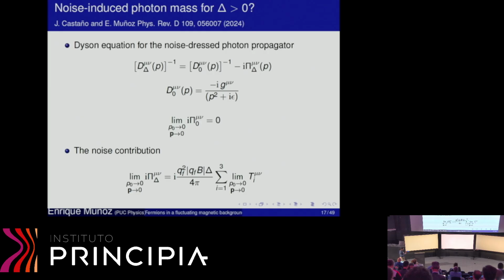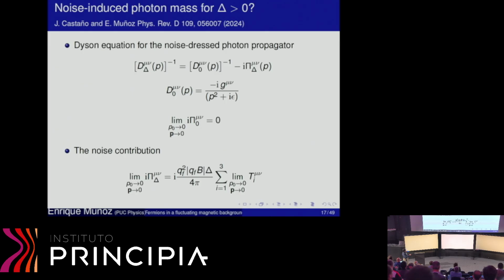And the question then that we posed is, given this particular approximation for the photon propagator and given that we have noise, is it possible that the noise might generate a photon mass? Yeah? So in order to investigate this problem, then we need to explore what is the pole of the polarization tensor by setting the limit p0 going to 0, p vector going to 0.